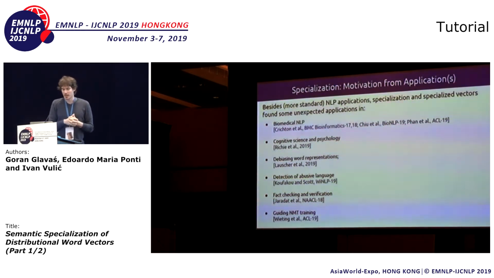And there have been some analyses of how it reflects the human lexicon in cognitive science and psychology research. We also use it for debiasing work, which is quite popular in NLP these days, and it's been used for fact-checking and detection of abusive language. And when people started working on specialization, they really didn't have all these applications in mind.